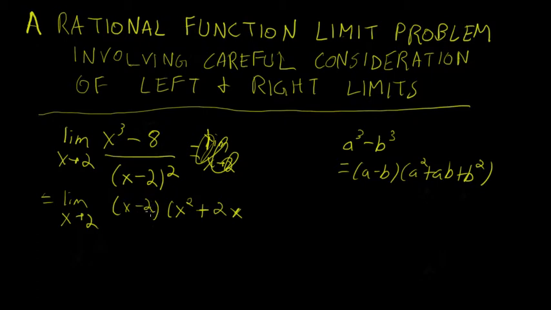And then plus b squared, so plus 2 squared, which is 4. And in the denominator we'll have x minus 2 squared, which is x minus 2 times x minus 2.